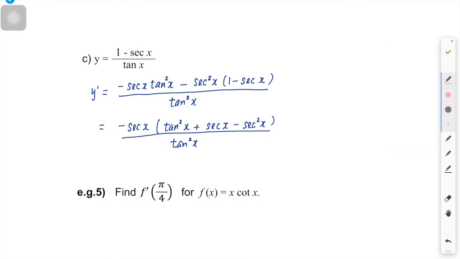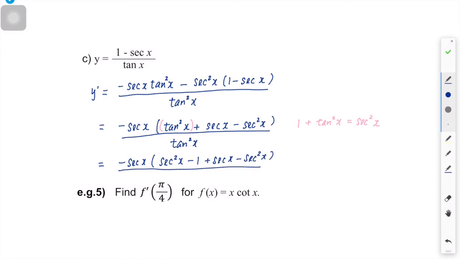If you recall a trig identity, 1 plus tangent squared is equal to secant square x. Then we can actually substitute that for tangent square x to simplify further, because there's a bunch of secant x in this expression. So tangent squared is secant squared x minus 1, plus secant x minus secant squared x, all over tan squared x.